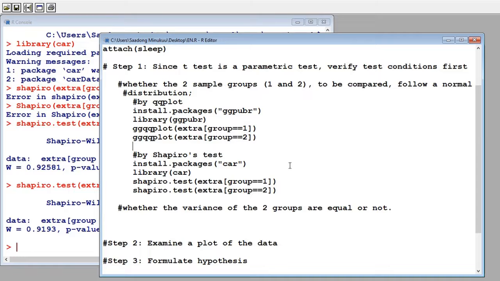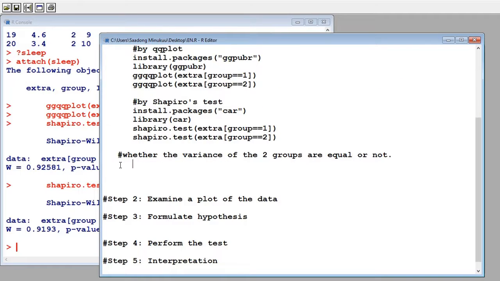Now, to test whether the variances of the two groups are equal or not, we're going to use Levene's test, Levene's test for homogeneity of variances. To do this particular test, once again you need a package called car.